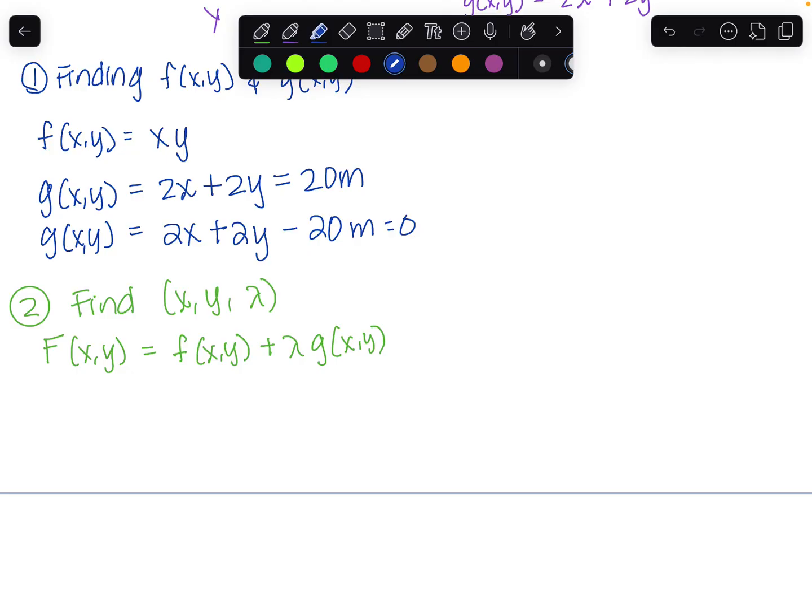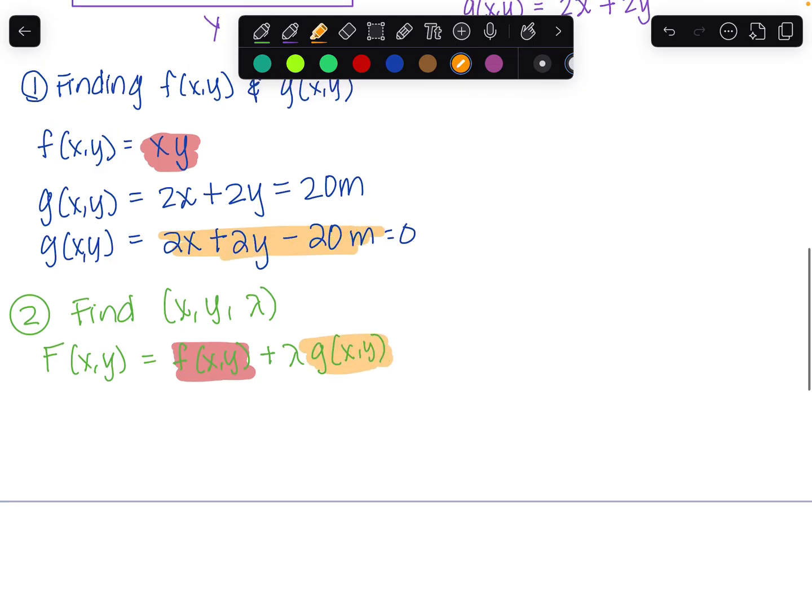We use up here, we're going to plug this here in for this, and we're going to plug this here into here. So this becomes xy plus lambda times 2x plus 2y minus 20.